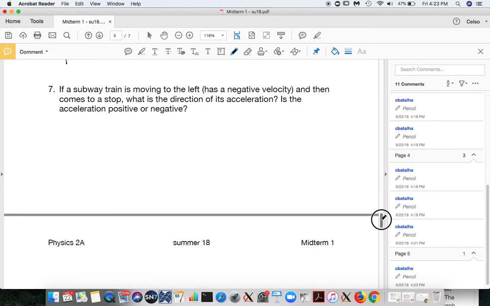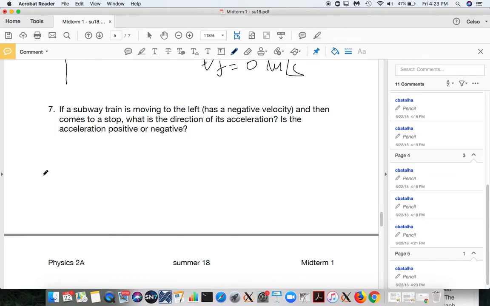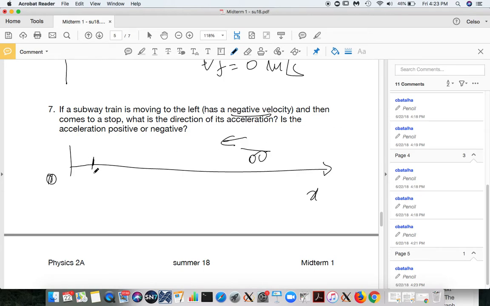A subway train is moving to the left, so that's x, 0, x. The subway train is moving to the left, and it has a negative velocity. And then it comes to a stop. What is the direction of the acceleration? So it's slowing down.